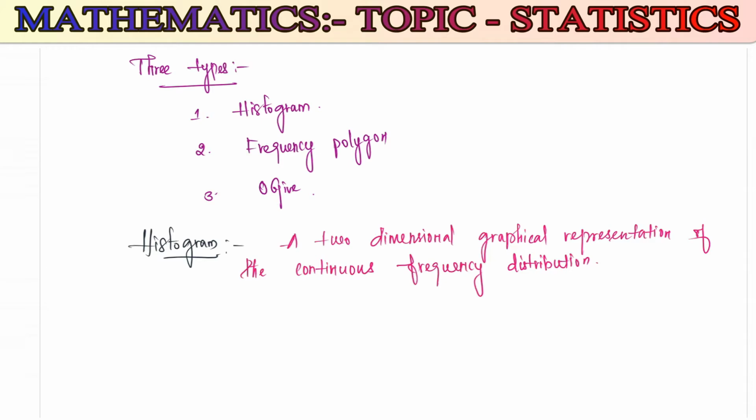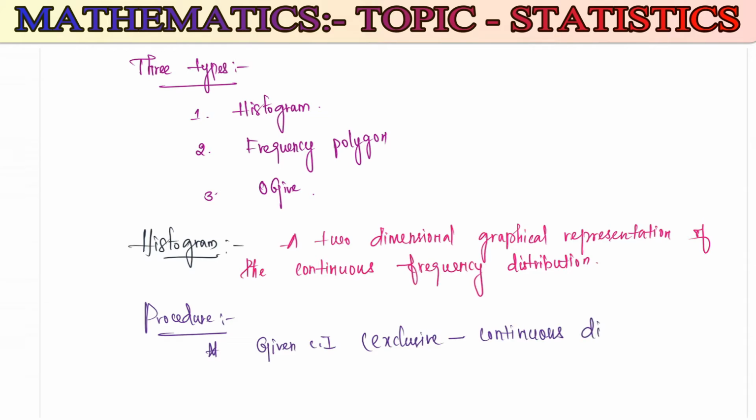What is the procedure to draw the histogram? First point, represent the data in the exclusive form. First you have to check that the given class interval is in exclusive form. Exclusive means continuous distribution.